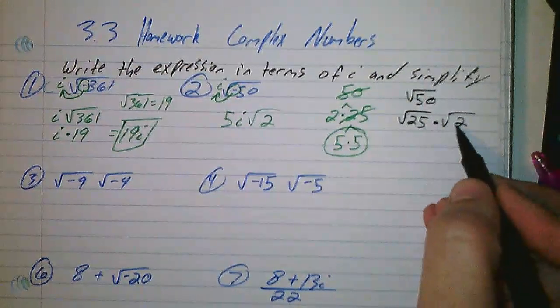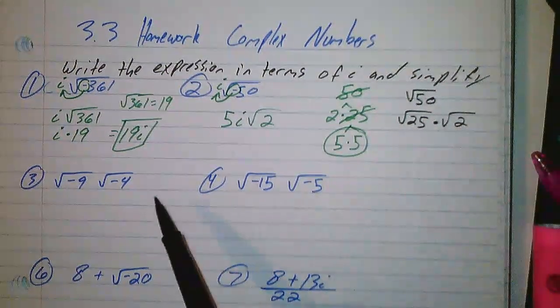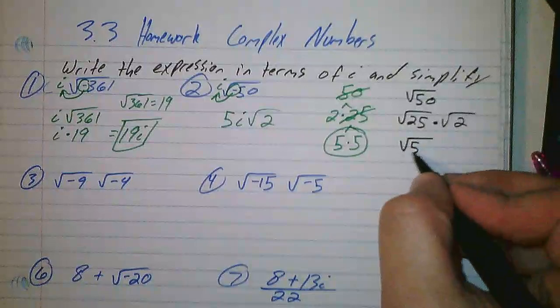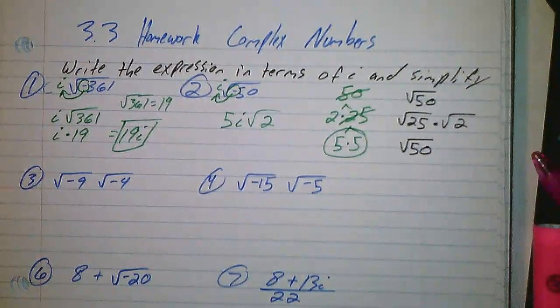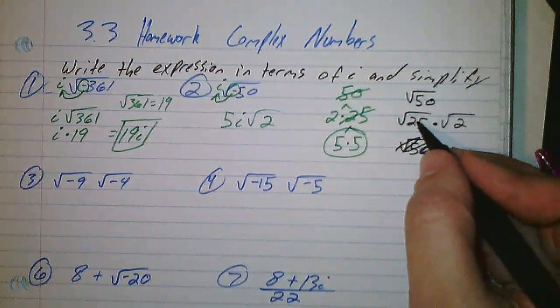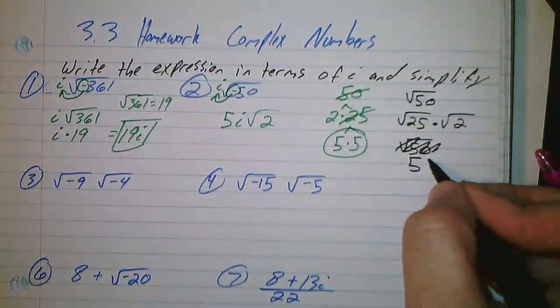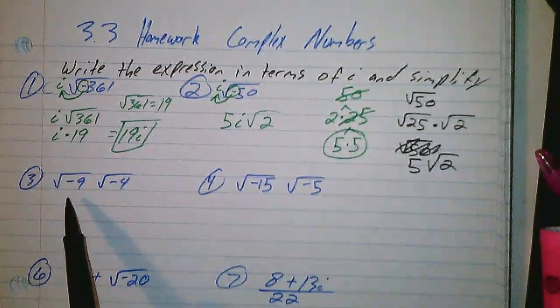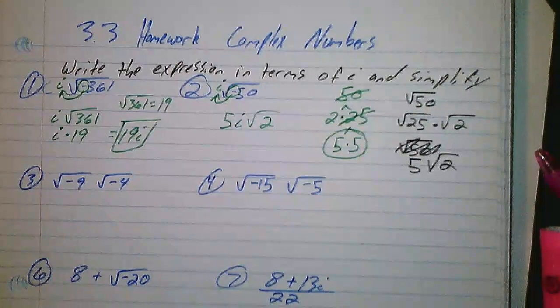Square root of 25 times the square root of 2. This will lead nicely into the next two problems. The square root of 25 is 5, and then root 2. So I multiplied those because look at number 3.